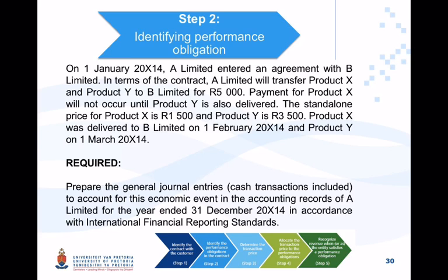Payment, though, will only happen after product Y has been delivered, even though product X would have already been delivered. So revenue recognition will now already be triggered when control of product X is passed across to the customer. However, payment is not triggered until product Y is also delivered.